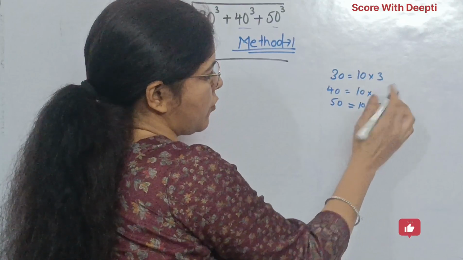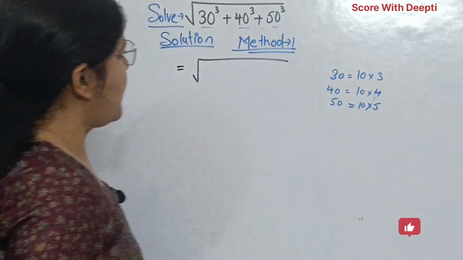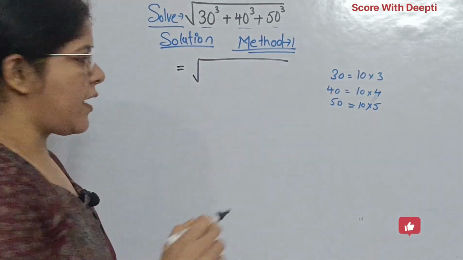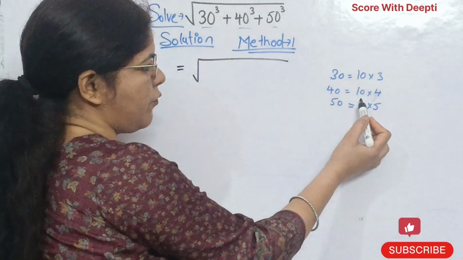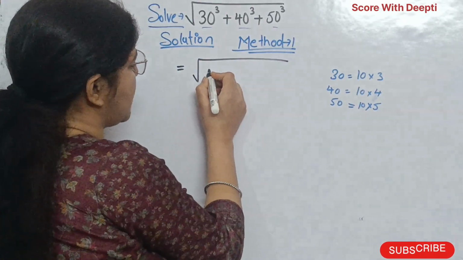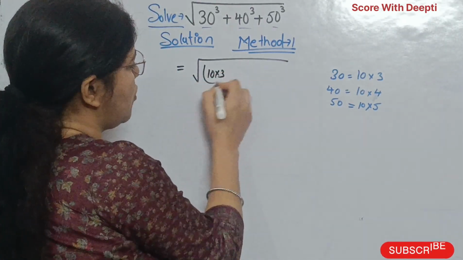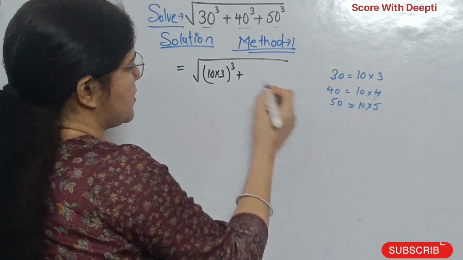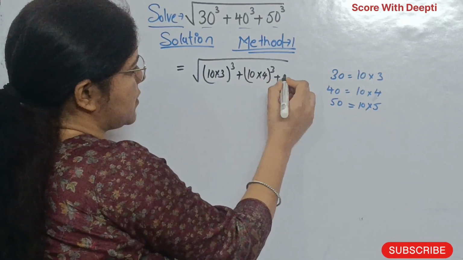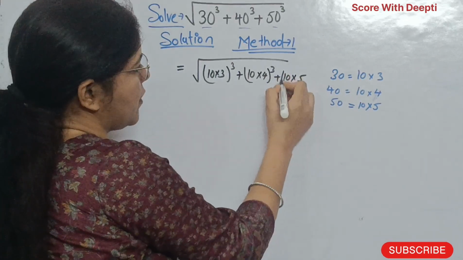So we get the square root of (10 into 3) whole cube plus (10 into 4) whole cube plus (10 into 5) whole cube.